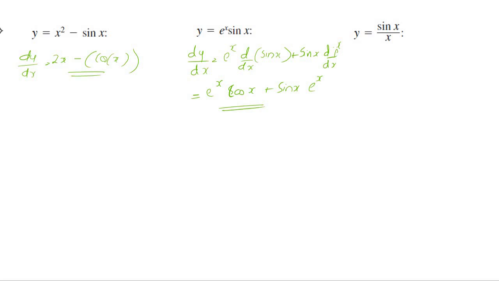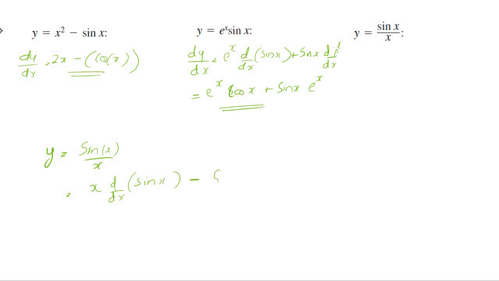So let's rewrite this here so that we'll have enough room. y equals sin x over x. So what we do here is we first start with the denominator. This is the quotient rule. So we start from the denominator. We say x times differentiation of the numerator sin x, and this negative.